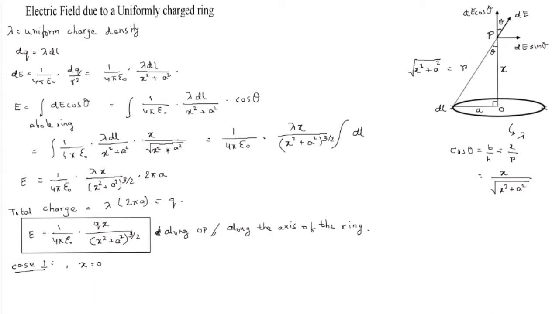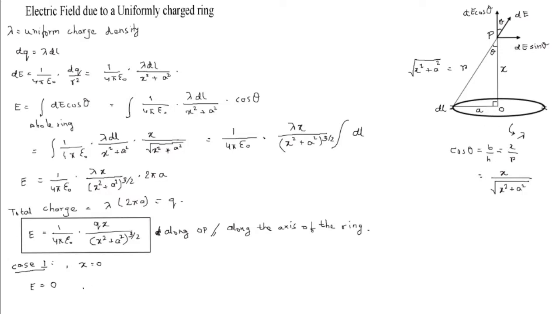So the point P, the point of interest, now becomes O. If I put x is equal to 0 in the previous expression, it turns out to be 0. In the general expression, the numerator x is 0, so the answer becomes 0. So the electric field at the center of the ring becomes 0.